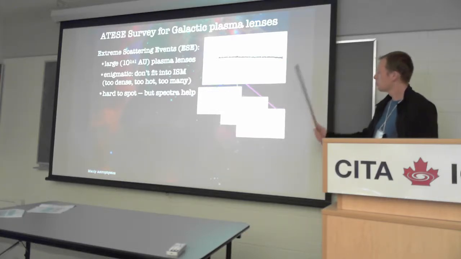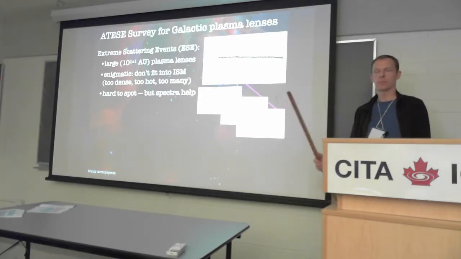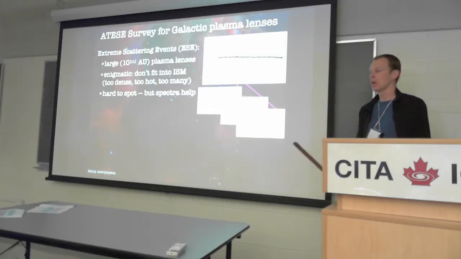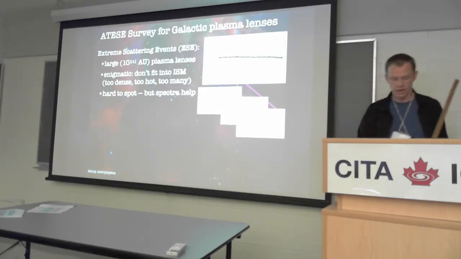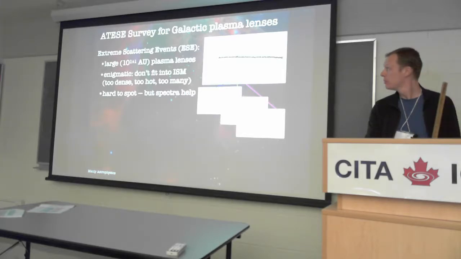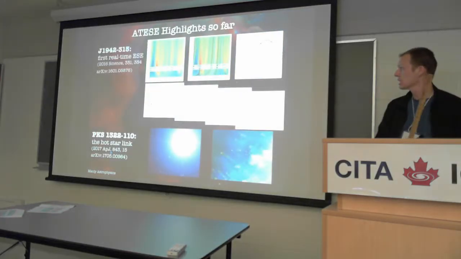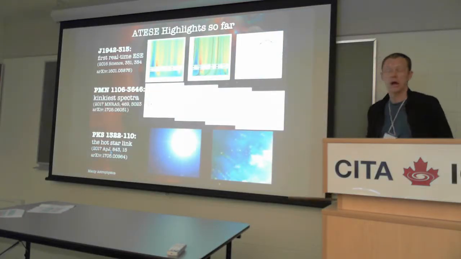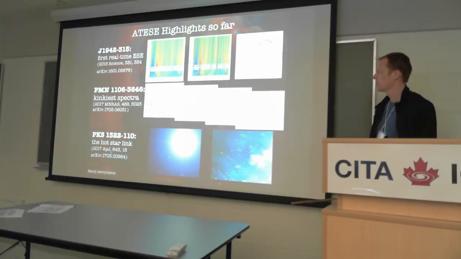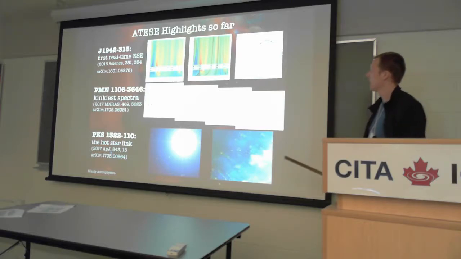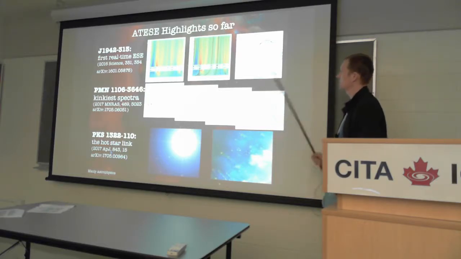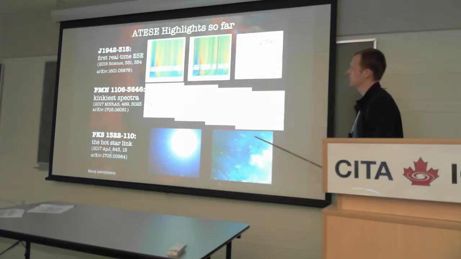So the idea was to do that follow-up in real time. And we did that. And we had some optical, X-ray, you name it, VLBI data on all this stuff. And the highlight so far was that first real-time detected extreme scattering bands.